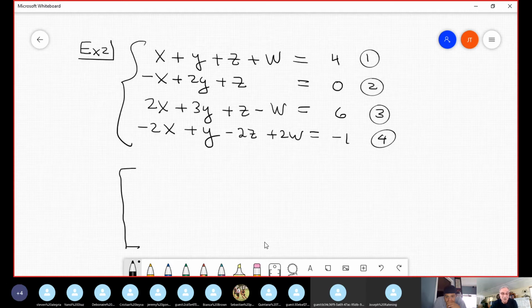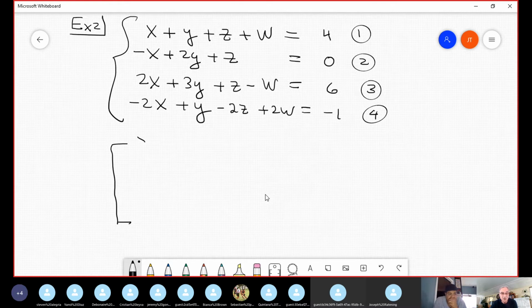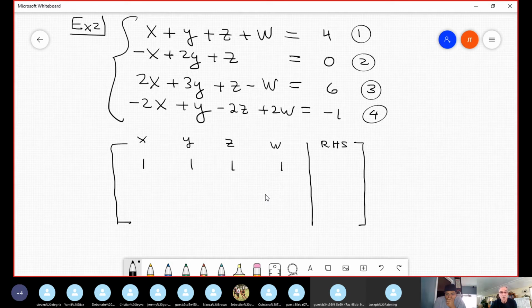Remember, my recommendation is when you open the bracket, you put one column specific for the x, one column for the y, one column for the z, and one column for the w. I put a vertical line on the right-hand side. So on paper, I organize this. So 1, 1, 1, 1, 4. This is my first equation.